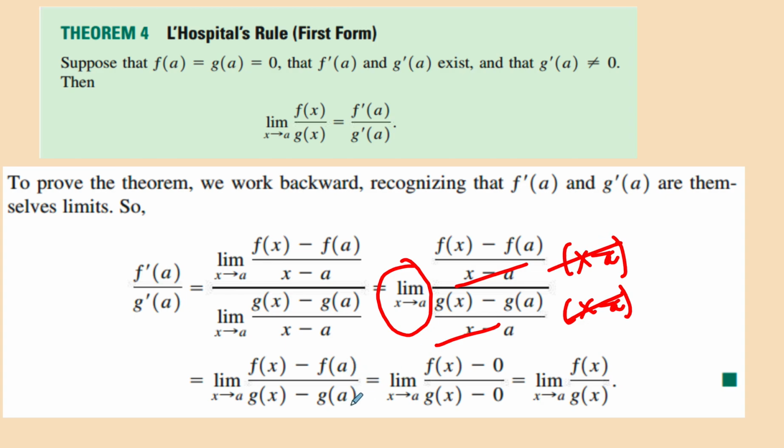Now we have this. And we know from the hypothesis of the theorem that the y values are crossing at the x-axis, so these values are 0, and therefore we have this limit. So going in a backwards way, we see that the slopes of the tangent lines at a is equal to the ratio of the two functions approaching a.